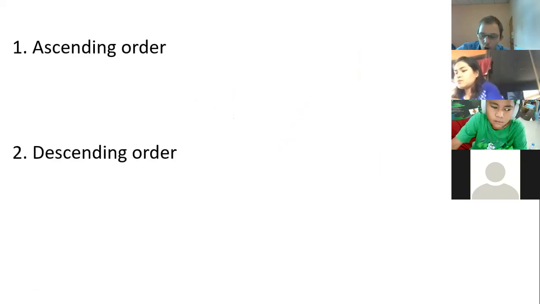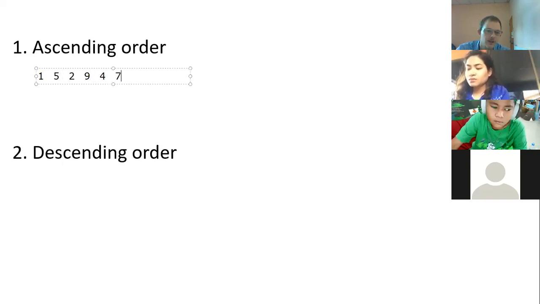Ascending and descending order. Who can tell me what is ascending order? Who knows? What is ascending order? Well, ascending order, if you look at this example, we gave numbers 1, 5, 2, 9, 3, 4, 7.